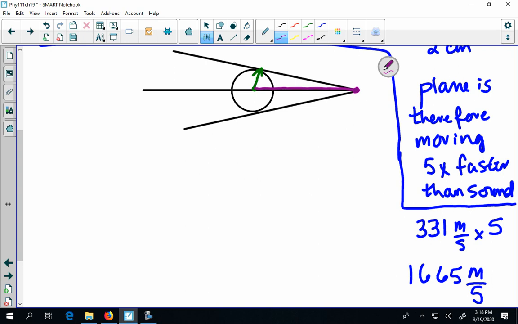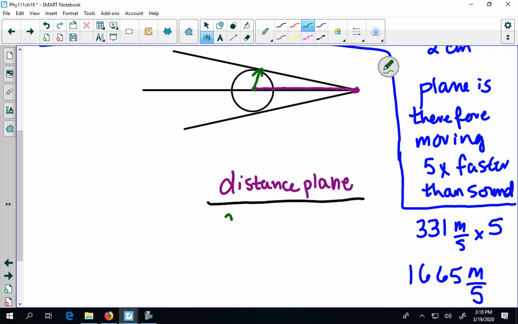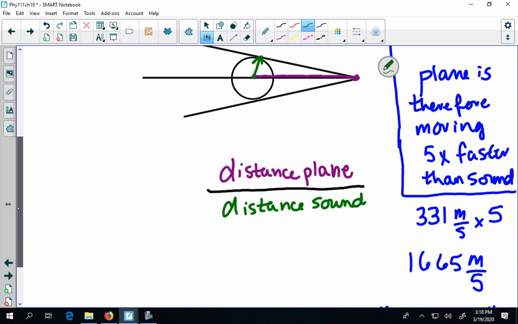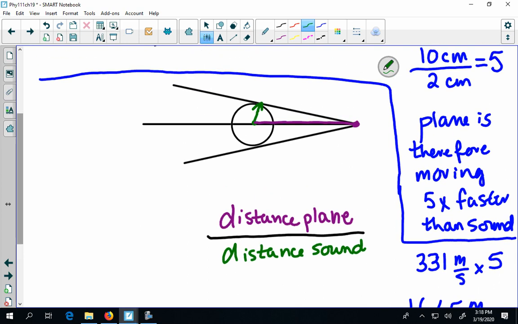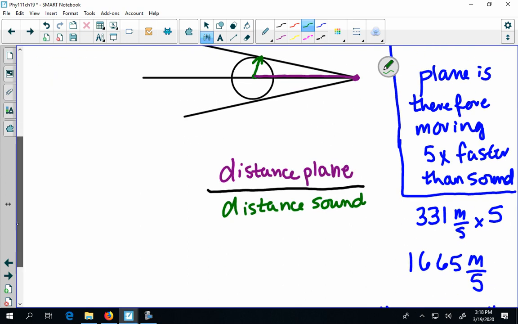So you're going to take distance plane divided by distance sound and you can figure out how many times faster than sound the plane that made that particular shock wave is going.